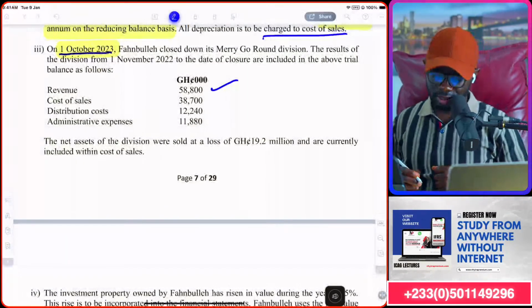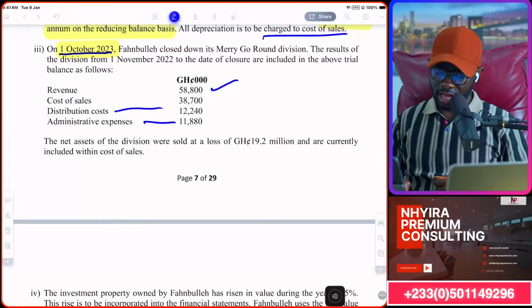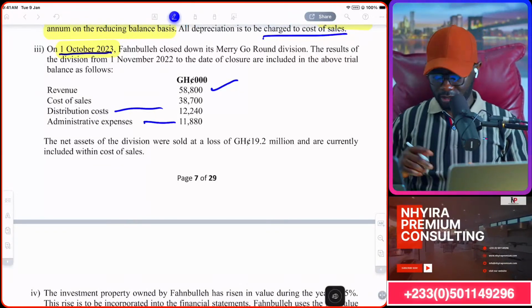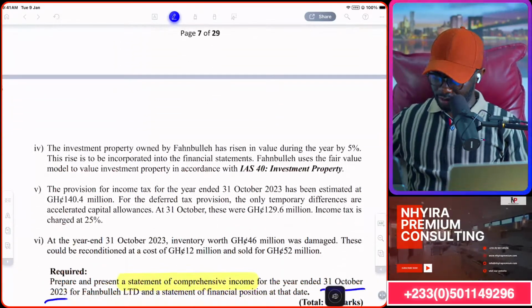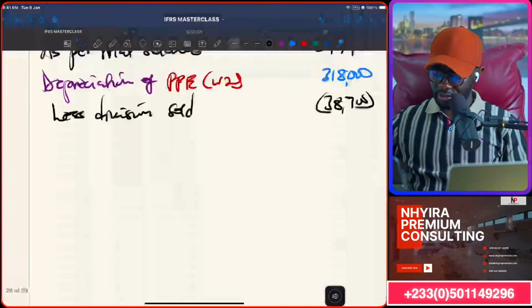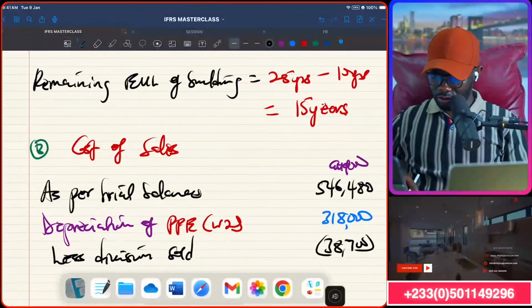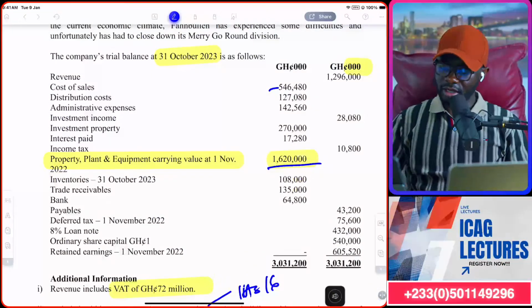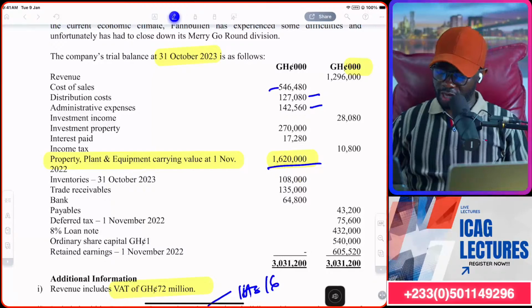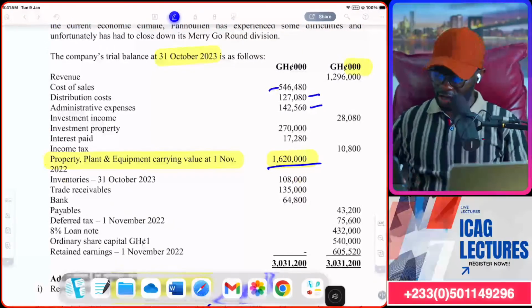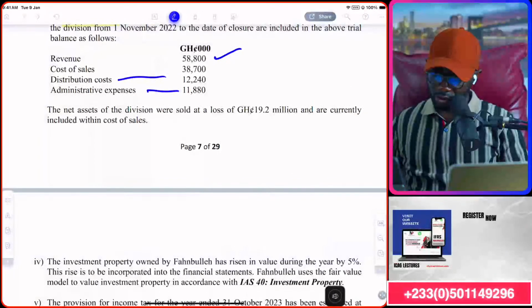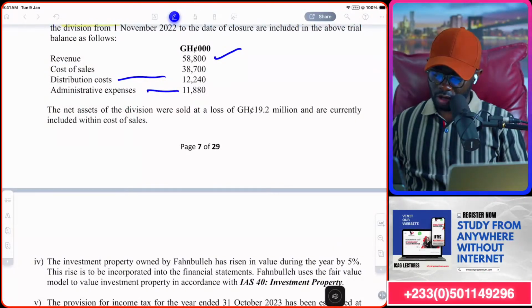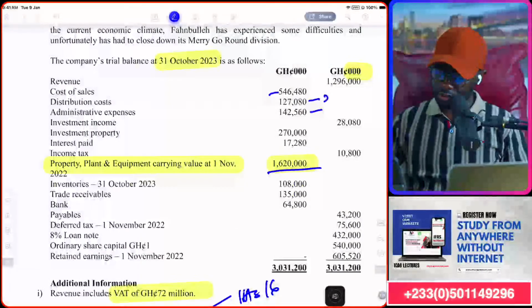Next, distribution cost, admin expenses. All that must be adjusted. So I'm going to do some of the workings on the face of the financial statement so that we have a balance. So this distribution cost, and then the admin expense, if there is no additional information, then I would want to do it on the face of the financial statement. 12,240 for the distribution.